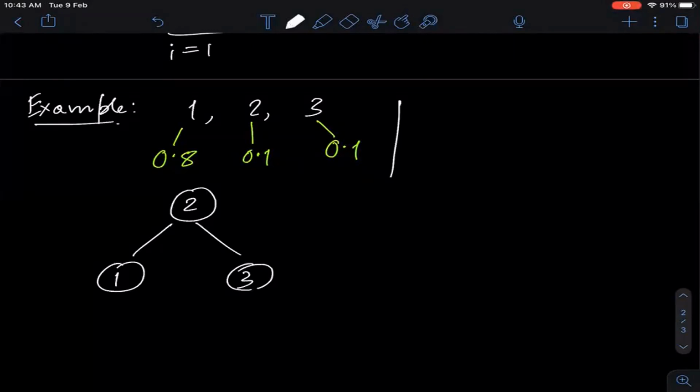What is going to be the average access time if I use this tree? It's going to be 1.9, right? Clearly, because it's going to be 0.8 times 1 plus 0.1 times 2 plus 0.1 times 2, which is clearly going to be... something is wrong, right?